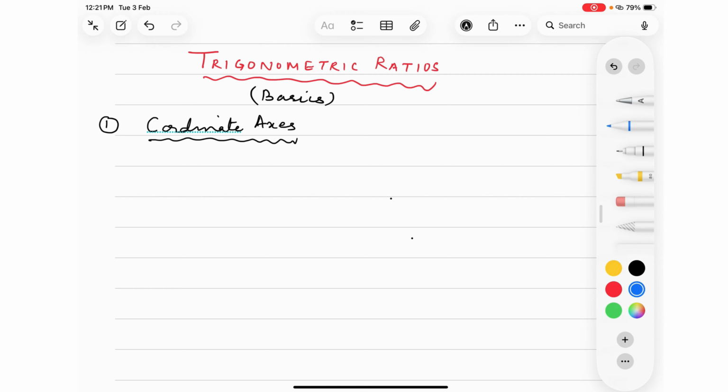So consider a pair of mutually perpendicular lines of reference.